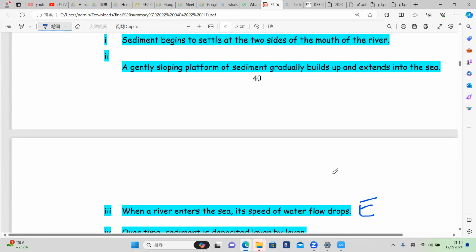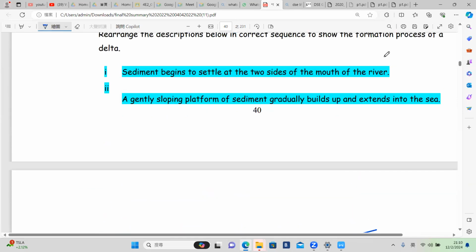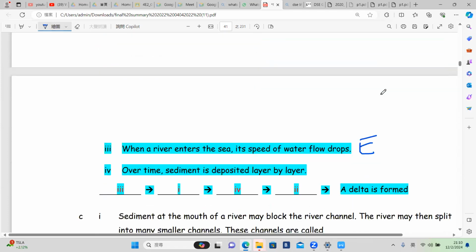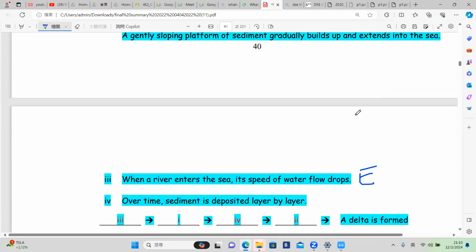The speed of flow drops. Then step 1: the sediment begins to settle on both sides of the river. Then over time the sediment is deposited layer by layer.